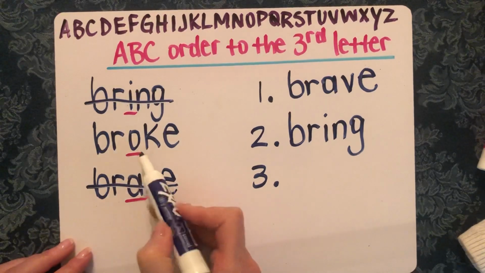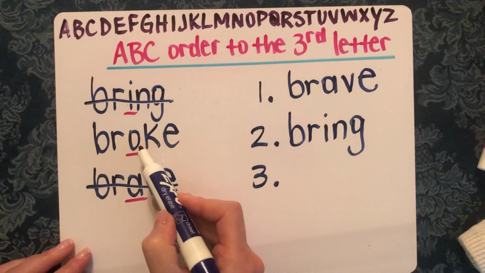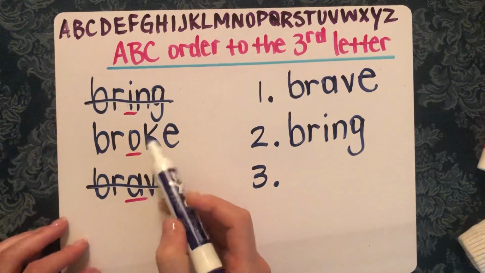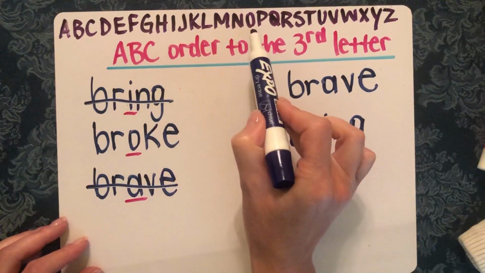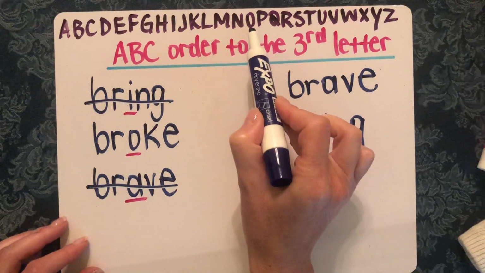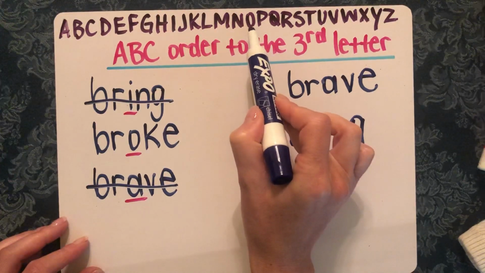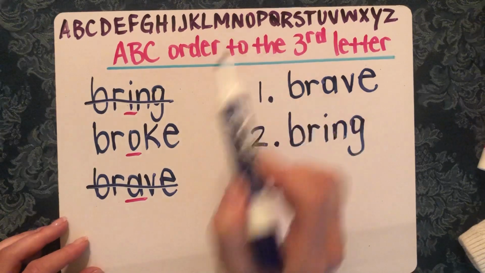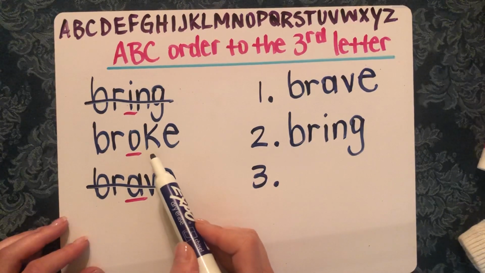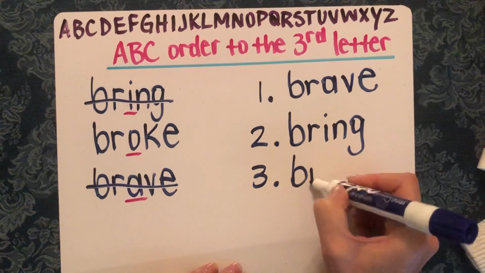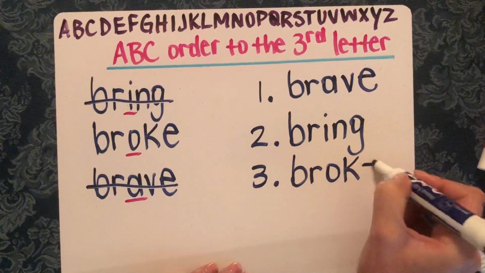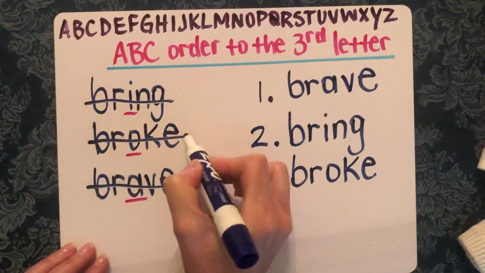Then let's look at our next third letter. We know that's our only one left, but if we look at our alphabet line, we can see that O would be the last one in ABC order, so broke would be our last word in ABC order. We're going to write that down, and I'm going to cross it off.